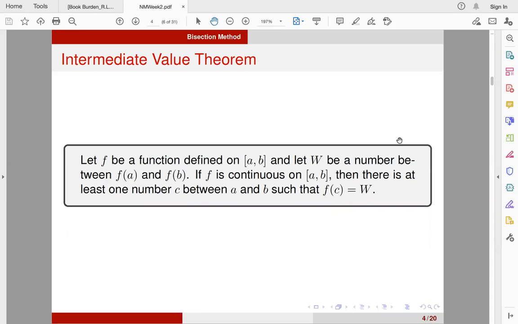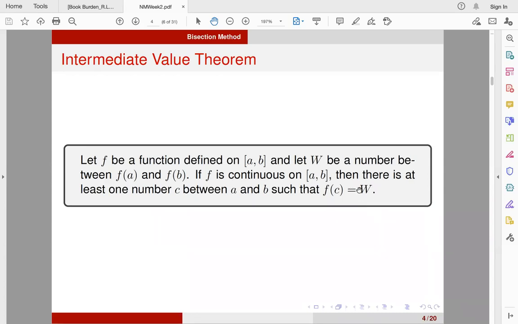And if f is continuous on [a, b], so this is the term that must be satisfied. If f is continuous on [a, b], then there is at least one number c between a and b such that f(c) = w. So this is the starting point of the bisection method.